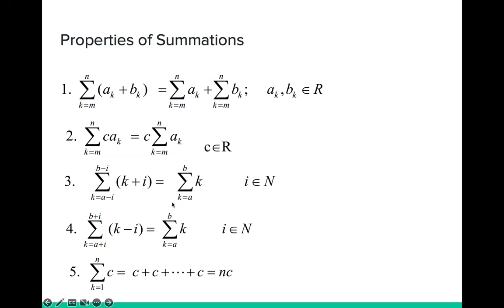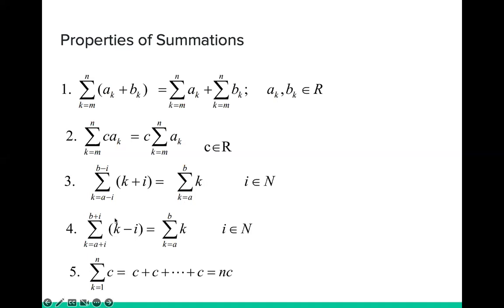What we do here is simply shift the index of the summation from a minus i to b minus i, to a to b. So we are simplifying this summation, and it is very much more readable.